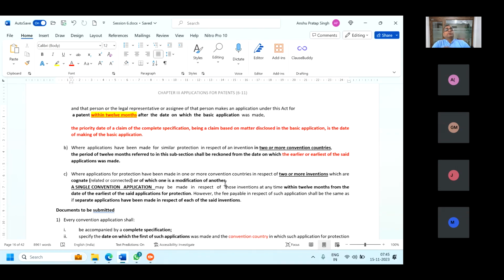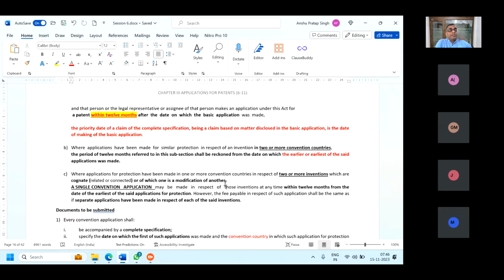Since every jurisdiction has a different standard for patenting, other people may be considering two or more inventions, while we might be considering only one invention. If that is the case, and you understand that this can be a problem for getting a patent in India, you can file a single convention application. But if there are two or more inventions, we will again fall back on the earliest of the said applications.